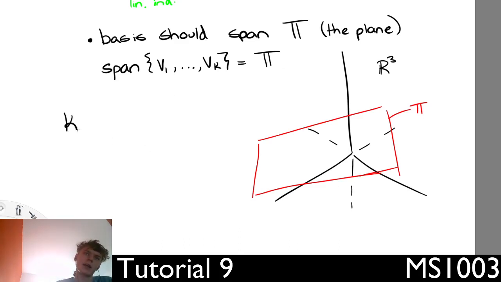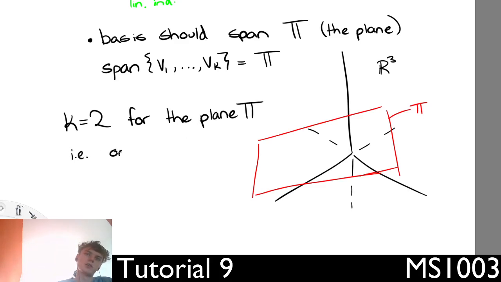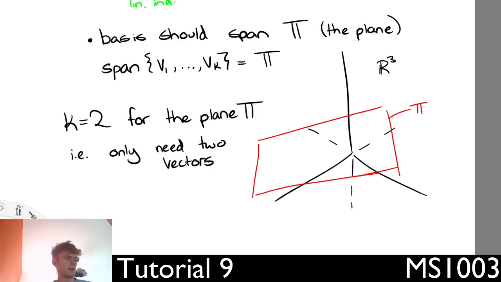So k is equal to 2 for the plane pi, i.e., only need two vectors. Hopefully that makes sense. Obviously, the plane is a 2D thing, so it's two-dimensional.